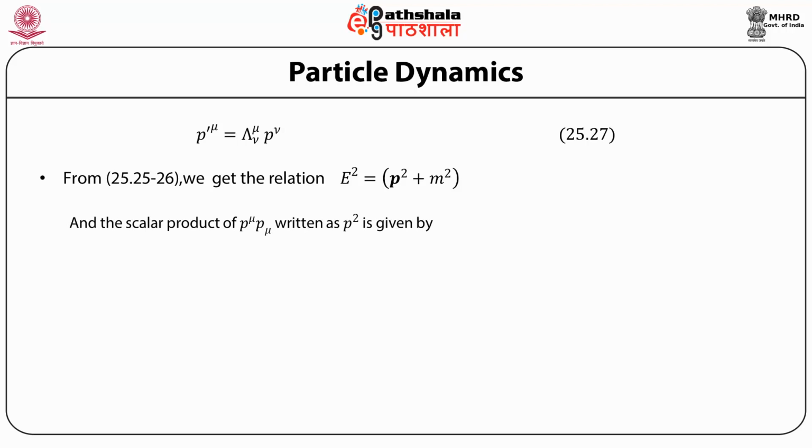And the scalar product of the contravariant component p^μ with the covariant component p_μ, written as p², is given by p² = p^μ p_μ = g_μν p^μ p^ν = E² − p² = m².